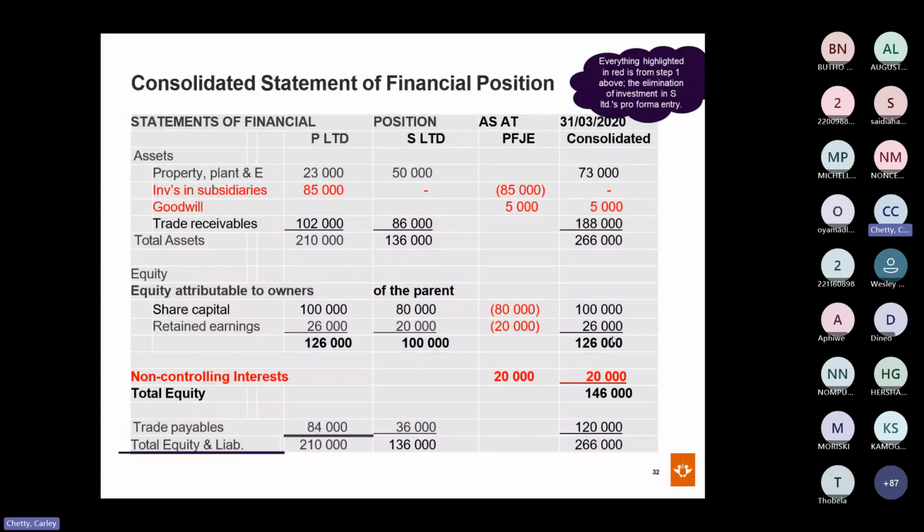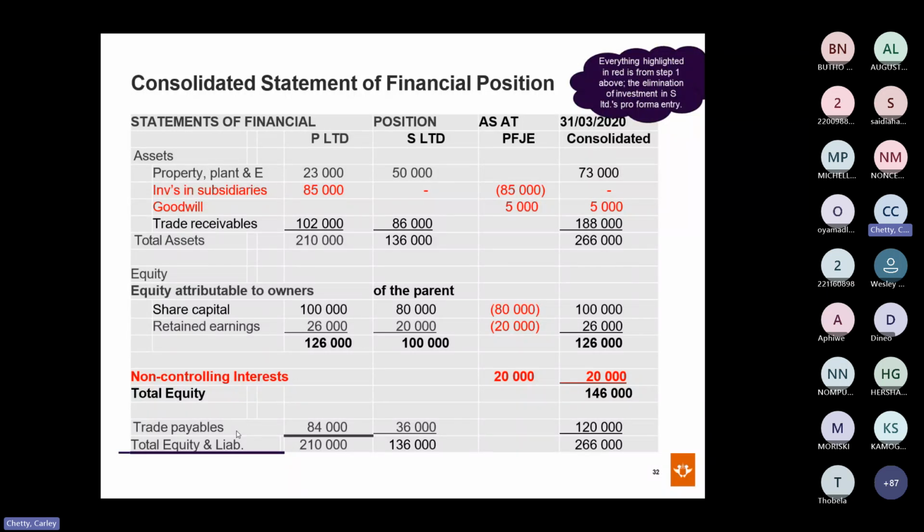So if we add up the parent's portion, equity attributable to owners of the parent is 126,000 plus 20,000, which is attributable to NCI. That gives us total equity of 146,000. Then we have trade and other payables.